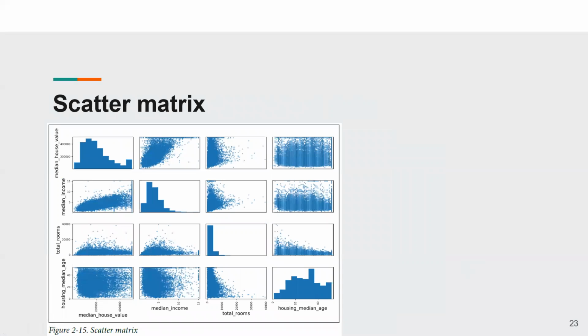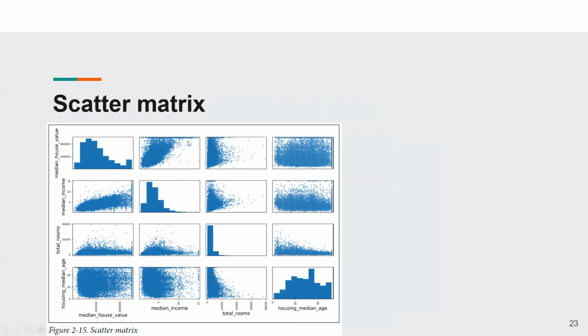Once you draw the scatter plot, you could also look at a scatter matrix. The diagonals would be the histogram of each variable that we're investigating, and the off-diagonals would be the correlation scatter plots between, for example, median house value versus median income.